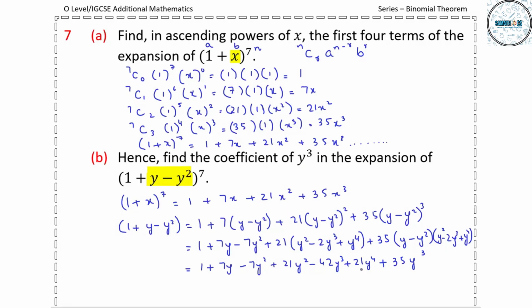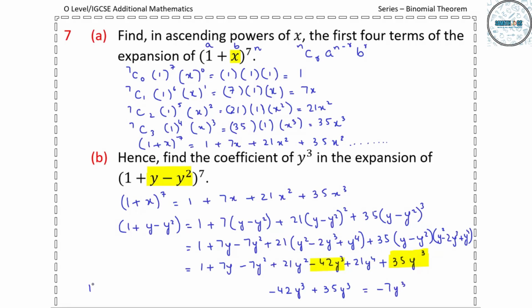As we have to take out the coefficient of y cube, so we will just consider the terms in y cube. So we have minus 42y cube plus 35y cube, which is equal to negative 7y cube.